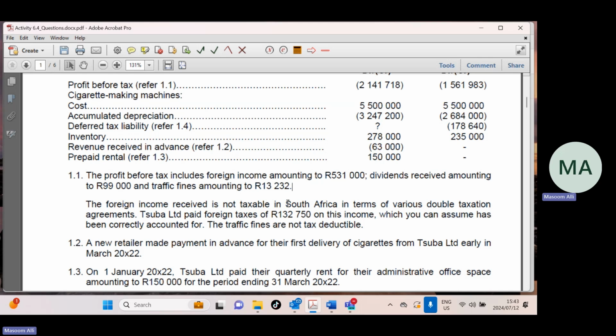But remember that for income tax purposes, these items need to be adjusted and reversed. So your profit before tax needs to be adjusted by these items when determining your taxable income. These are what we refer to as permanent differences.